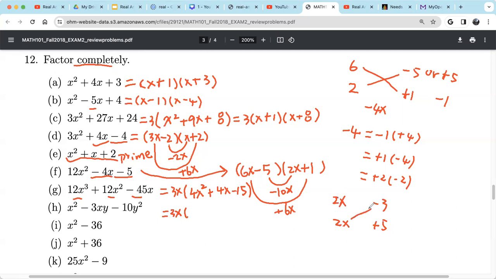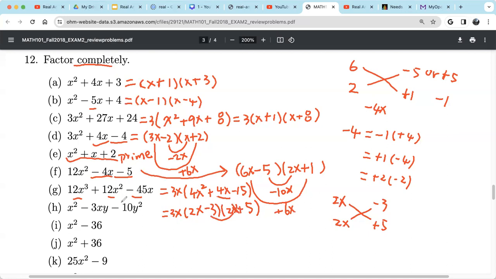If we multiply these two, 2 times 5, 10. 2 times negative 3, negative 6. Bingo, this works, right? So that means we can factor it as 2x minus 3 and 2x plus 5. In this case, 2x times 5 is positive 10x, minus 6x, that's the middle term, 4x.